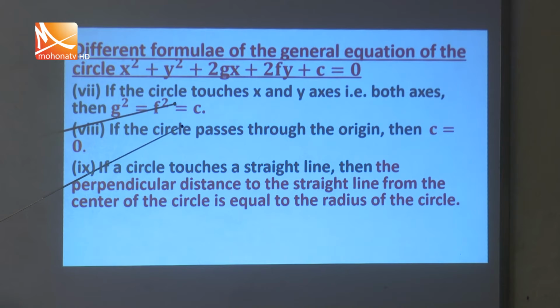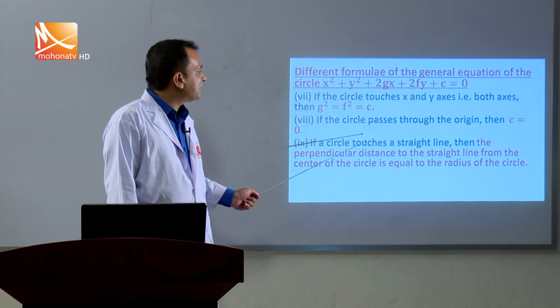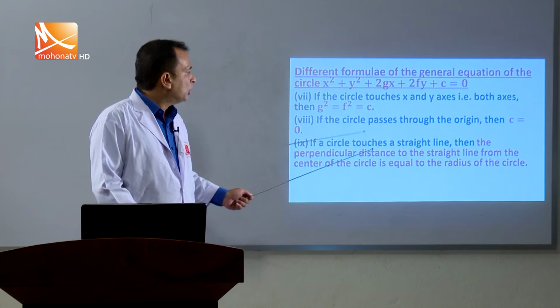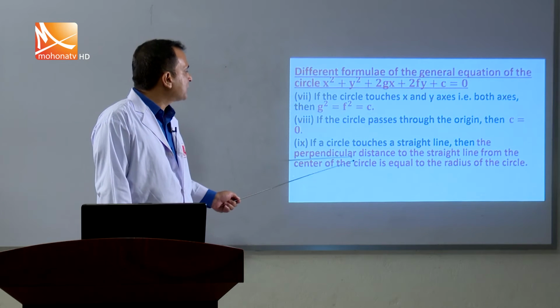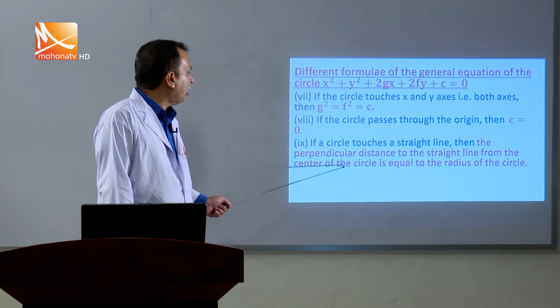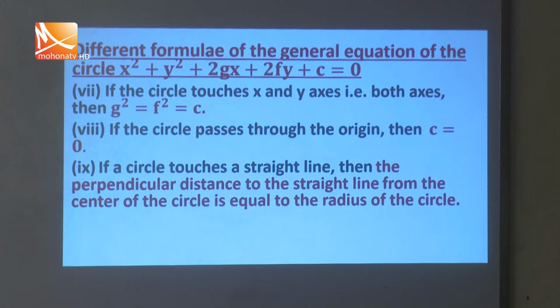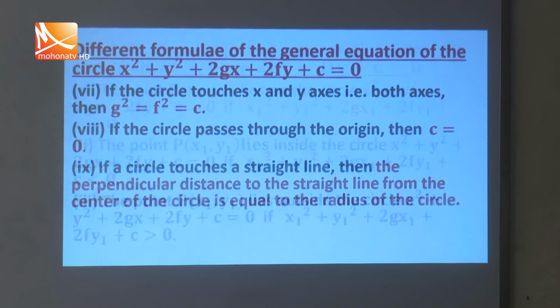If the circle passes through the origin, then if we put x equals 0 and y equals 0, we get c equals 0. Next, if a circle touches a straight line, then the straight line is a tangent. So the perpendicular distance to the straight line from the center of the circle is equal to the radius of the circle. We must keep these formulae in our mind.